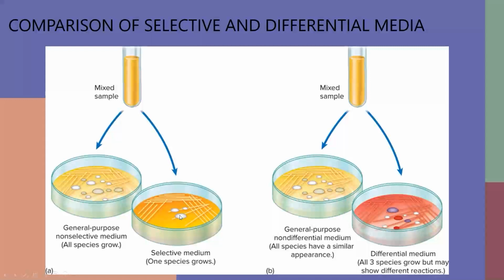Then only the bacteria that can ferment lactose would grow. Everything else would be inhibited. Or if we take the same sample, again, general purpose media, they're all going to look vaguely the same, but maybe we put it on the blood agar, then we can go, okay, well, all of them are going to grow, but they're going to maybe be different colors or have visible differences in what they do to the agar.